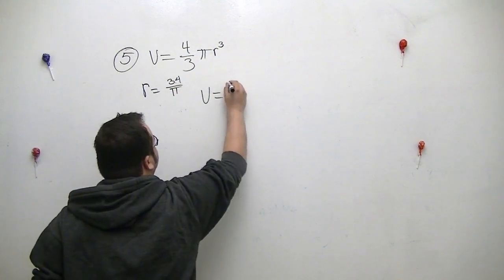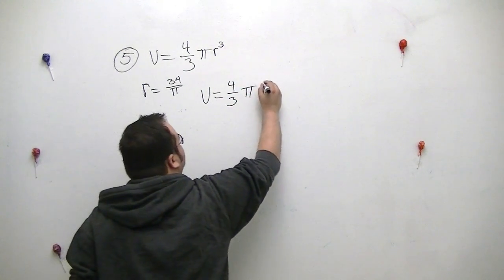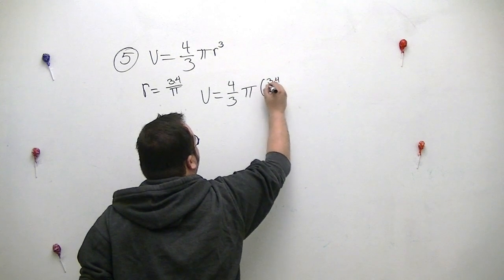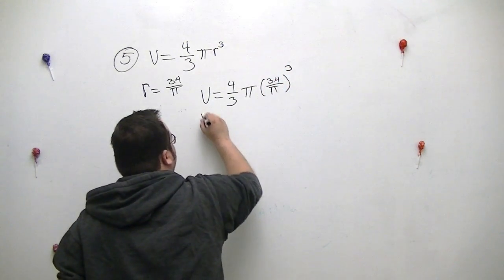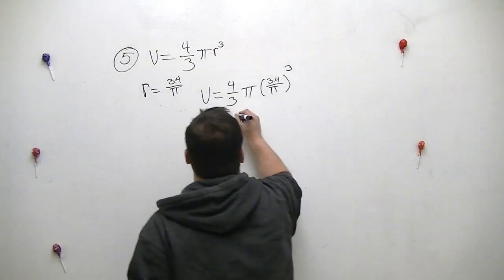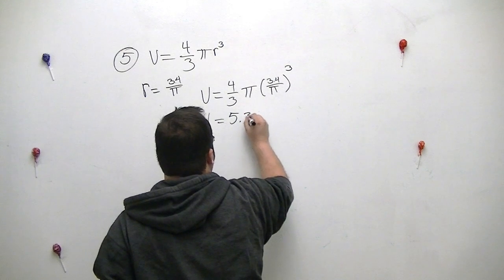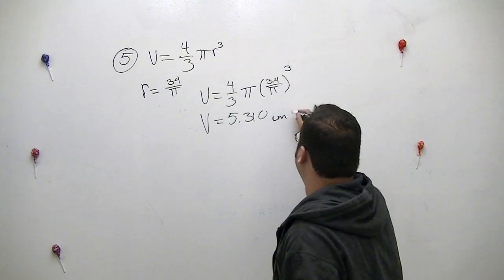So V equals 4/3 pi times 3.4 divided by pi, cubed. When we multiply all that together, that gives us our answer, which is 5.310 centimeters cubed.